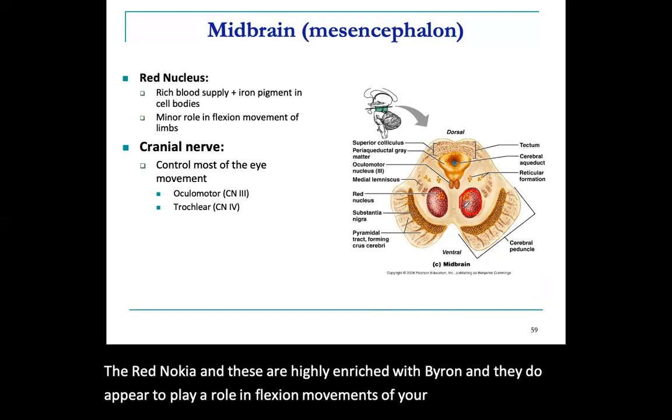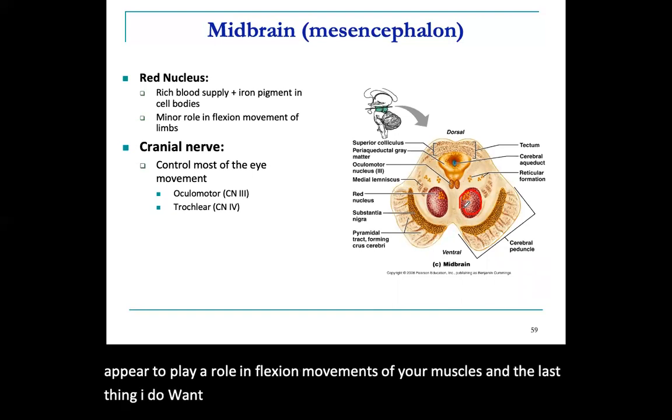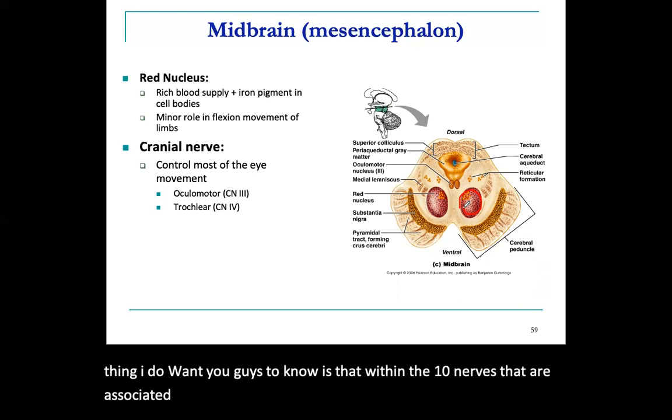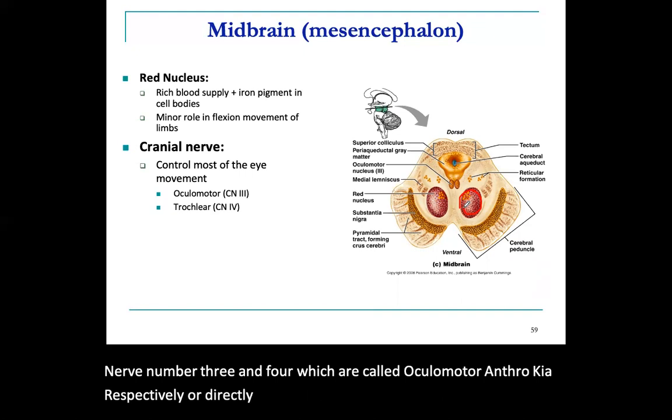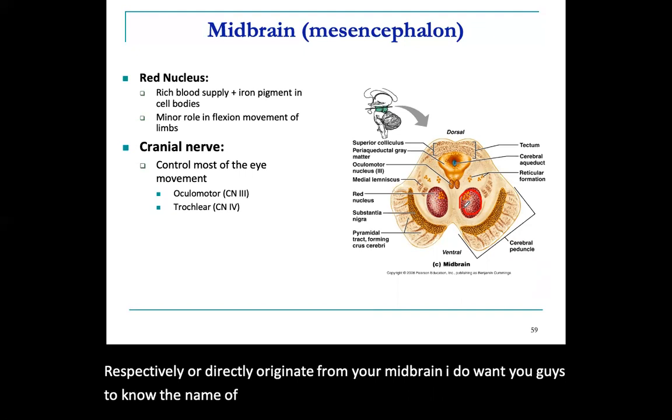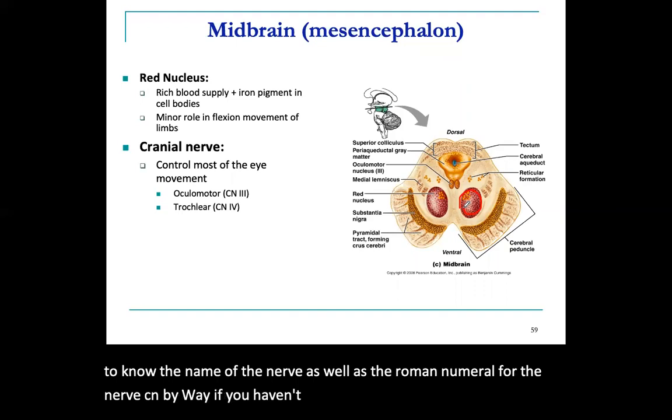And the last thing I do want you guys to know is that within the 10 nerves that are associated with your brainstem, nerve number 3 and 4, which are called oculomotor and trochlear respectively, directly originate from your midbrain. I do want you guys to know the name of the nerve as well as the Roman numeral for the nerve. CN, by the way, if you haven't figured it out, stands for cranial nerve.